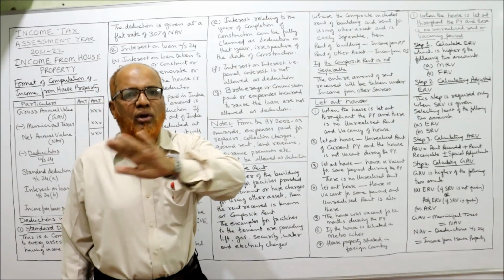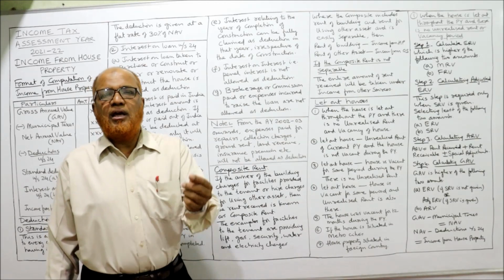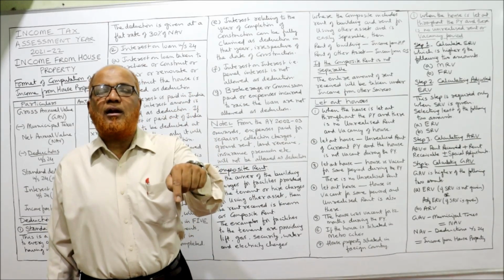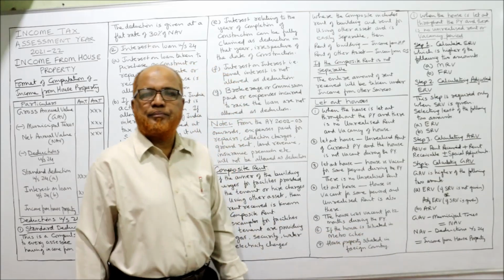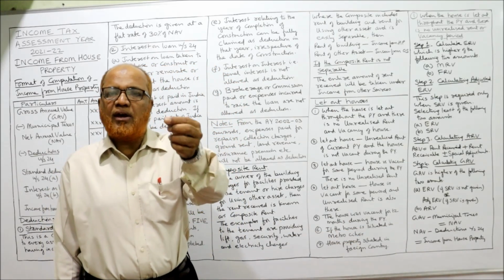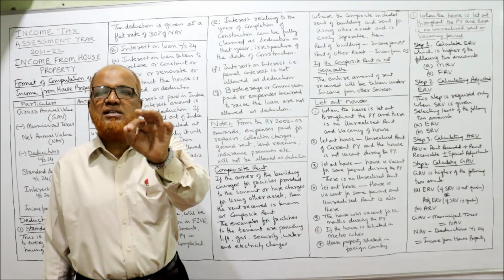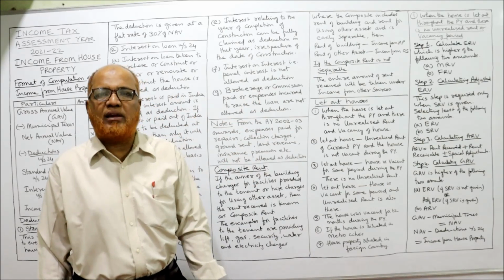If the house is governed by the Rent Control Act, then adjusted ERV or ARV, whichever is higher, is the GAV, gross annual value.